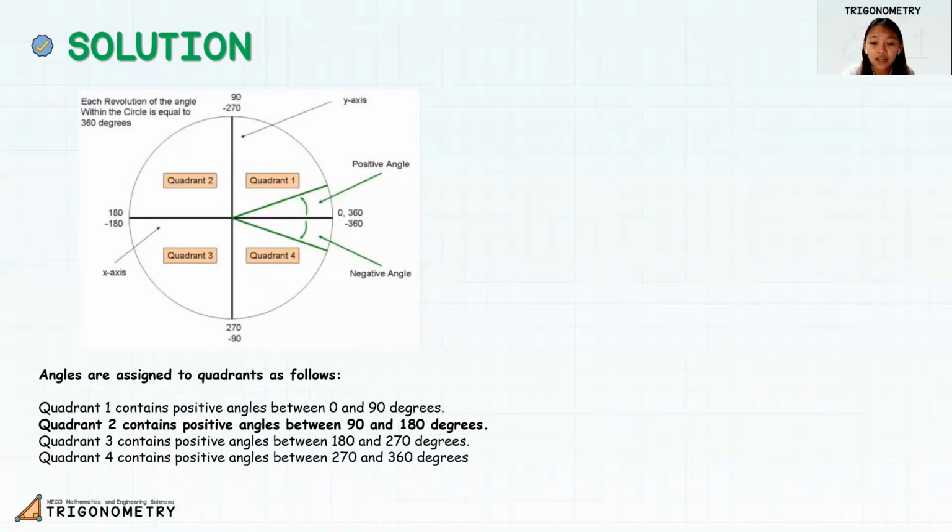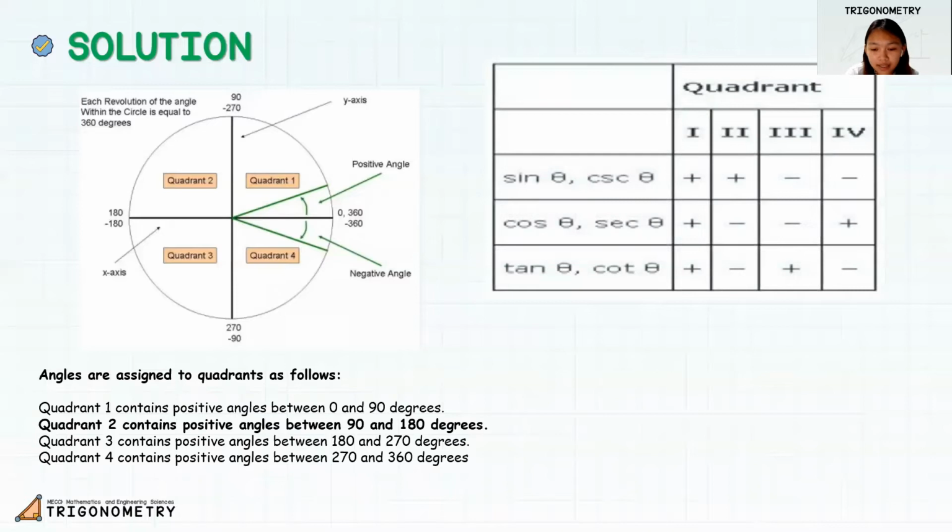We then go to the table, which shows the signs of trigonometric functions in each quadrant, and let us focus our attention on quadrant 2. That's correct.